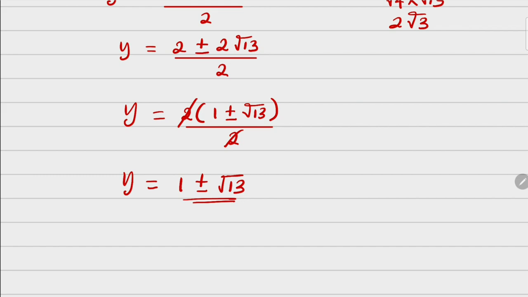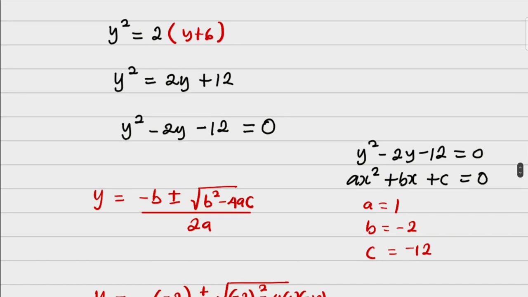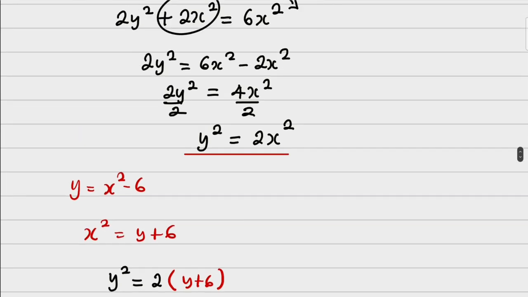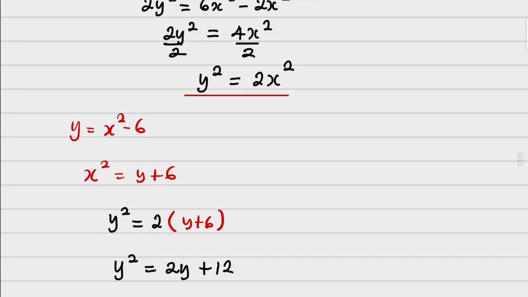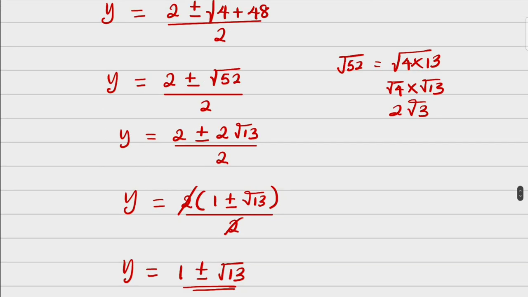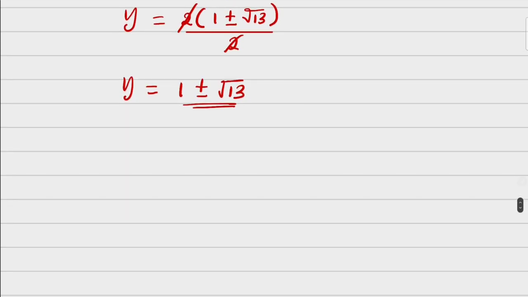But remember, I'm not to look for y, I'm to look for x. And recall I told you that we're going to be using something very important. Check it out here, that y squared is equal to 2x squared. Recall that y squared is equal to 2x squared.